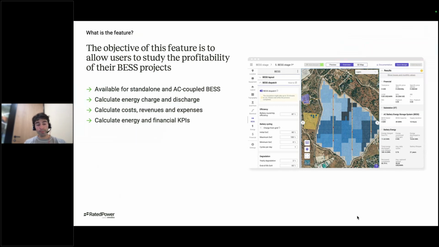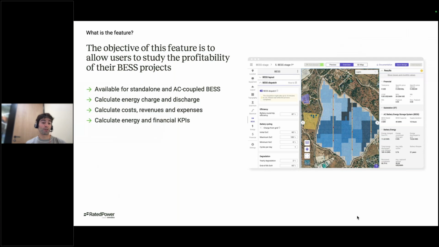This is a feature that basically calculates the energy charge and discharge of the batteries. It calculates the total costs, CapEx and OpEx, calculates the revenues obtained from the discharge of the batteries, and also calculates the expenses, if you have any, from charging the batteries from the grid.